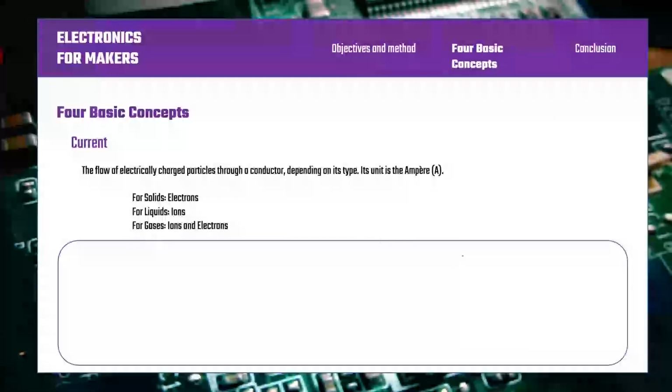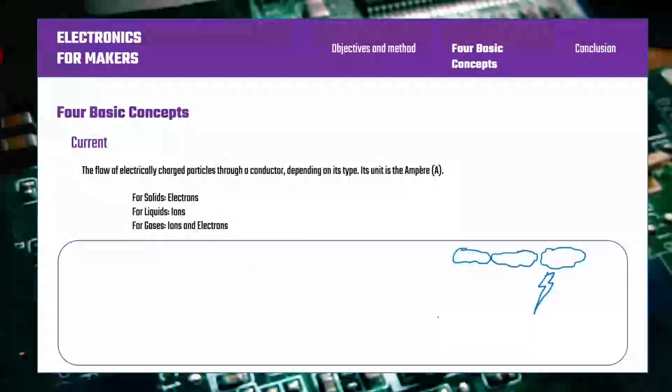For example, when you have some clouds in the sky and you have lightning, this is a flow of current. The lightning is a flow of current. The air becomes ionized, and ionized air is a conductor of electricity.